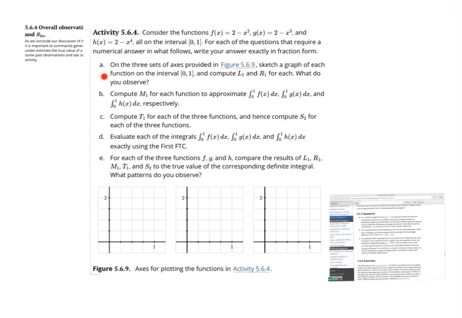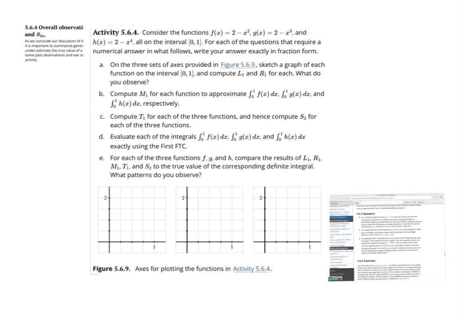Okay, so part A is asking you to sketch graphs of each of these functions. Compute L1 and R1. Remember, that's just a single rectangle in each case. Compute M1 and T1 for each of the three functions. And once you've done M1 and T1, you can compute S2.